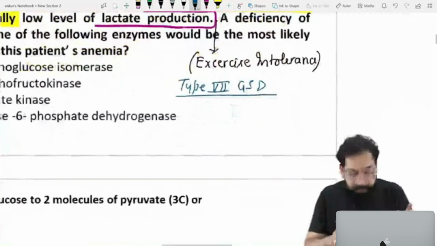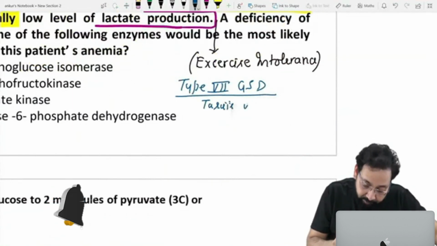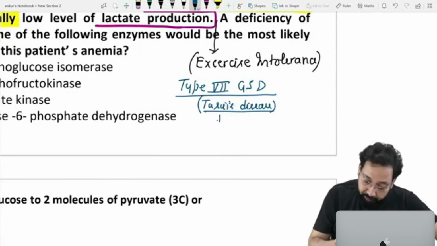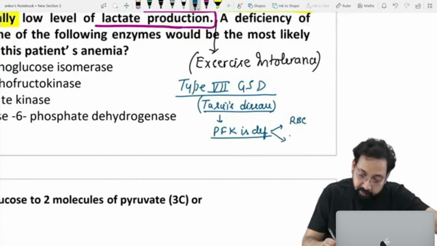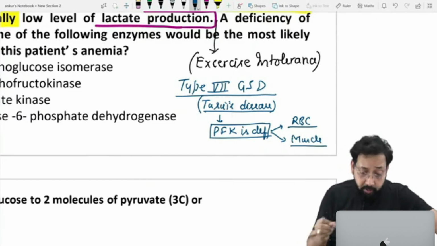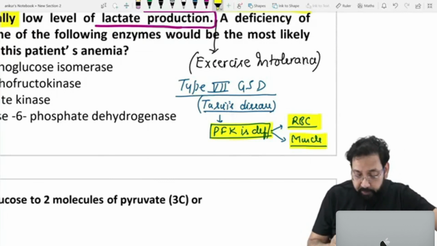For the time being, type 7 glycogen storage disease is Tarui disease. In Tarui disease, phosphofructokinase is deficient. This deficiency occurs in RBC and also in muscle.